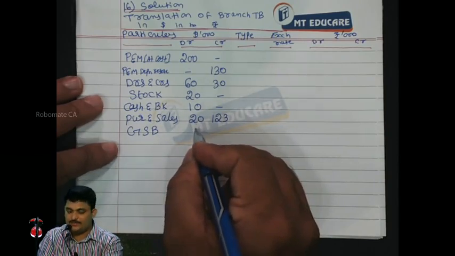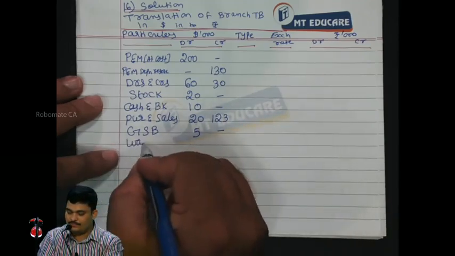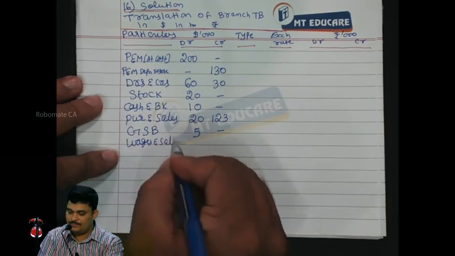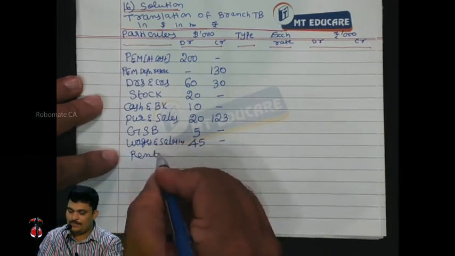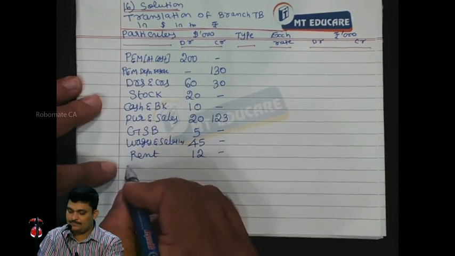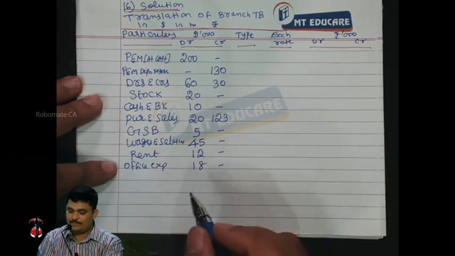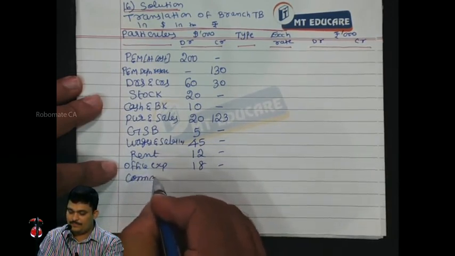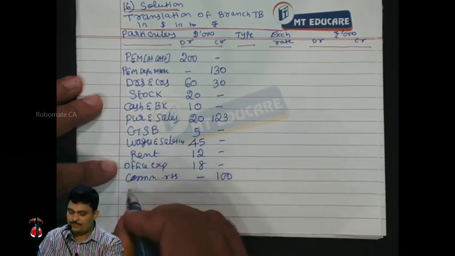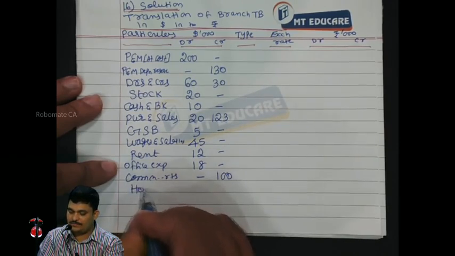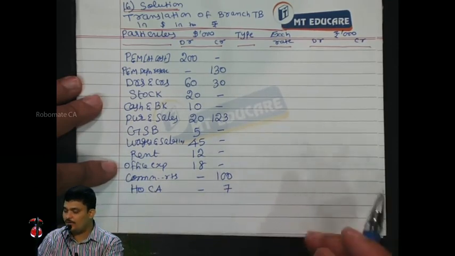Okay, goods sent to branch is expenditure. Head office current account. That's all.